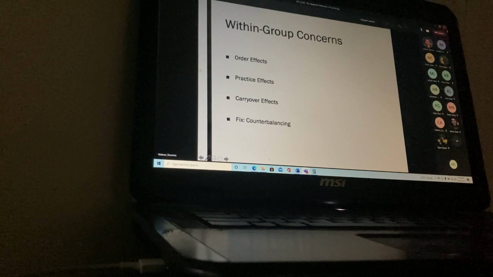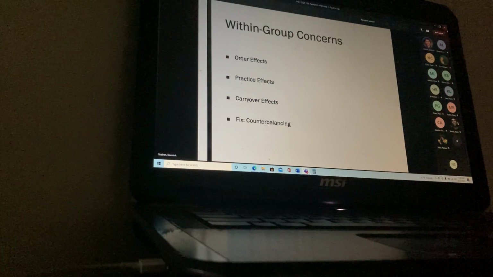Some of the concerns within group designs: in a between groups design, we're concerned about, are there differences between these individuals, right? Are there differences between the groups? We're trying to use random assignment to ensure that there are not, but that's a main concern. Is one group older than the other?